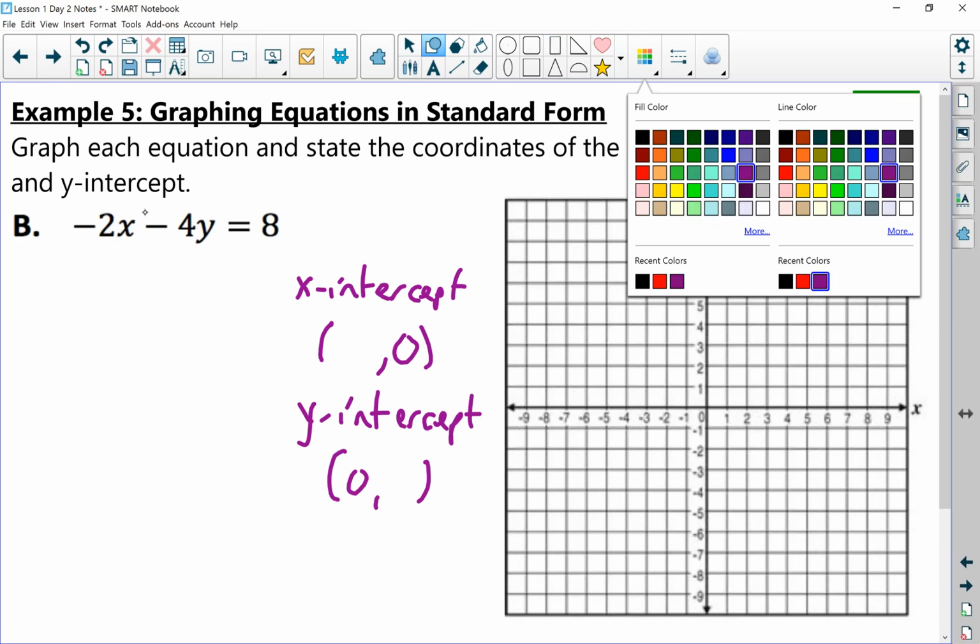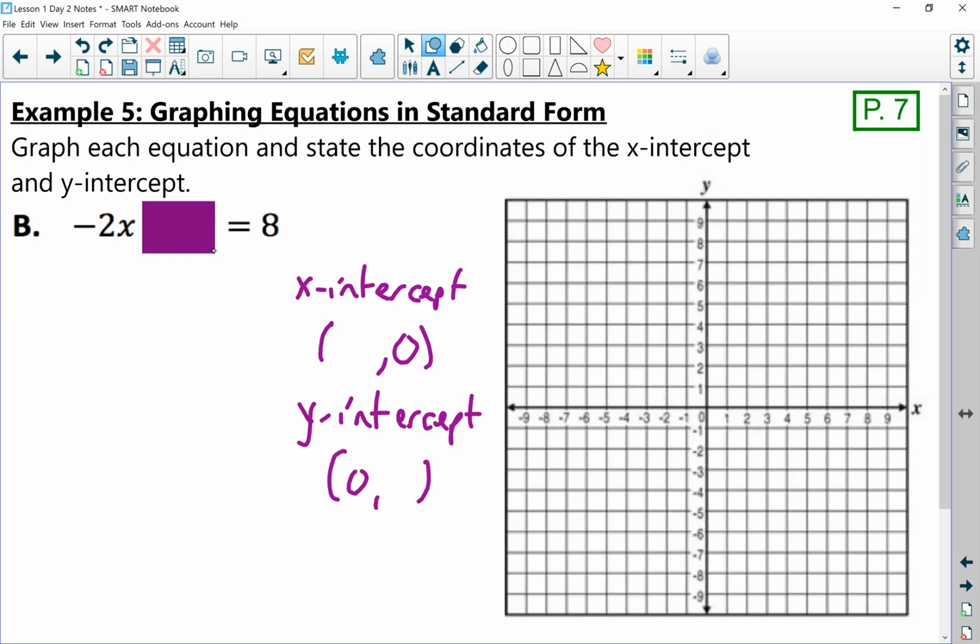So find my X-intercept. I cover up the Y. Negative 2x equals 8. Divide by negative 2. X equals negative 4.